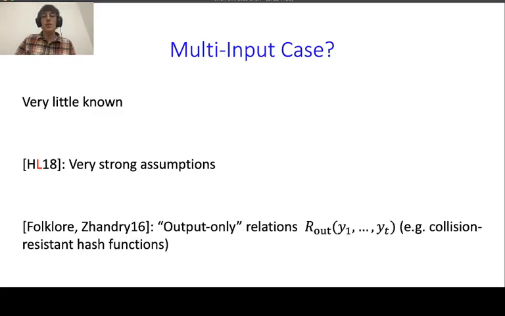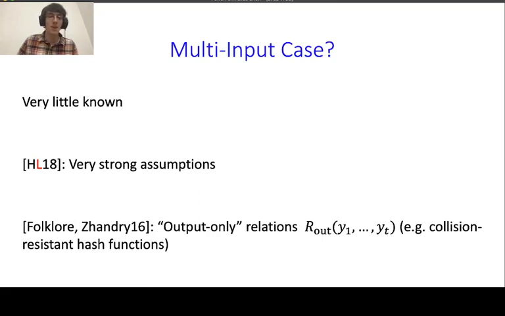And then there is just one other thing to mention, which is that because correlation intractability is so general, there are going to be some special cases that we knew how to handle before. In particular, if you just think about relations that only touch the outputs, so relations that just check some properties of the collection of t outputs, then as special cases, you recover some old security properties like collision resistance that we certainly knew how to build.